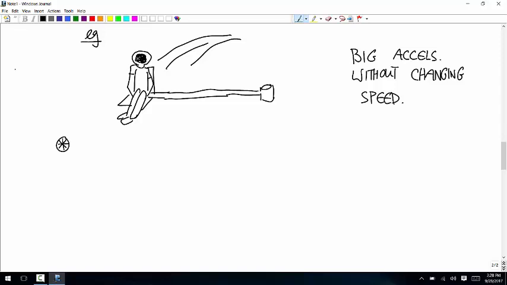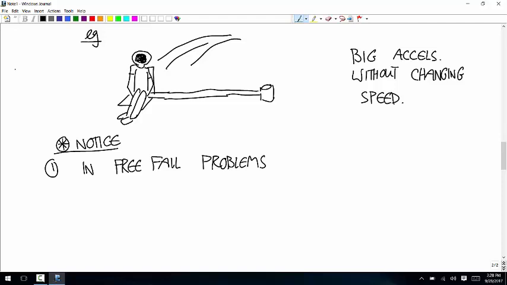And the most important thing that we'll deal with acceleration for constant acceleration problems has to do with free fall. In free fall problems, if you put the y-axis of your coordinate system up, which, once we start doing examples, you'll see that's what I always do.